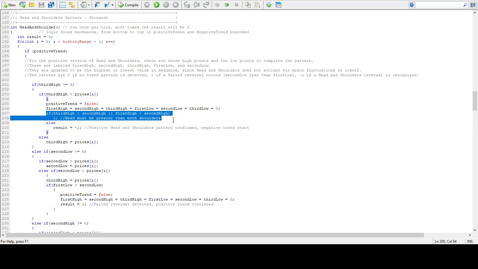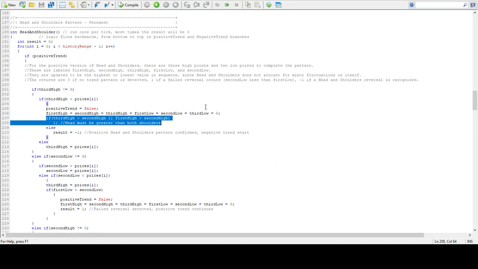This condition is just to confirm that it is a head and shoulders pattern in appearance, in the sense that the middle peak or the middle valley must be the greatest of all of them. So the second high must be greater than the third high and first high, else it is not.